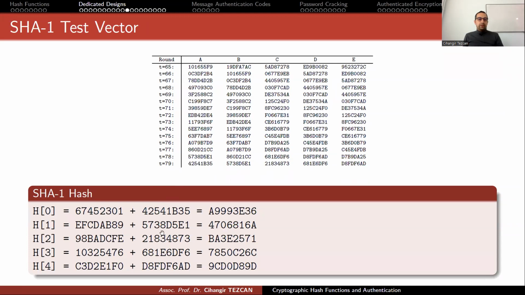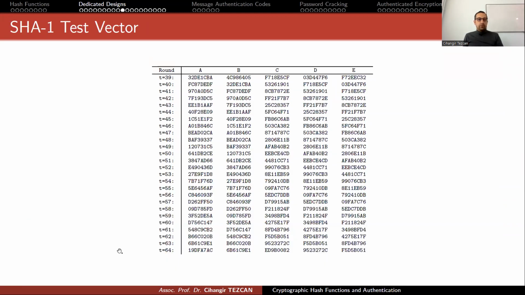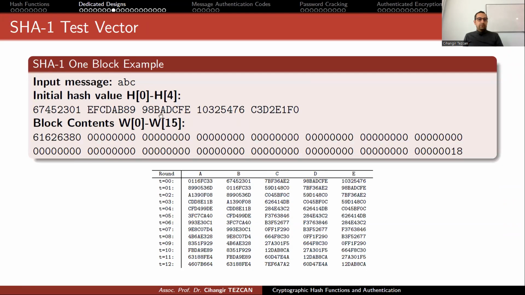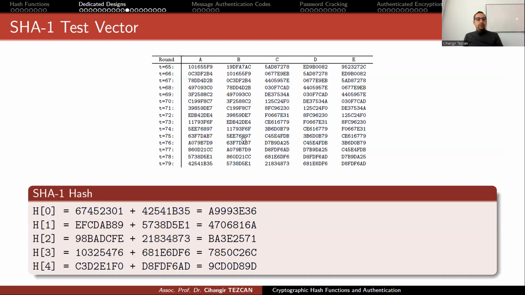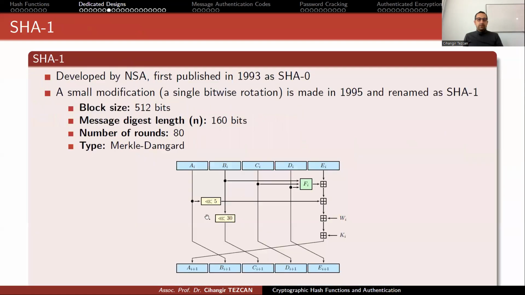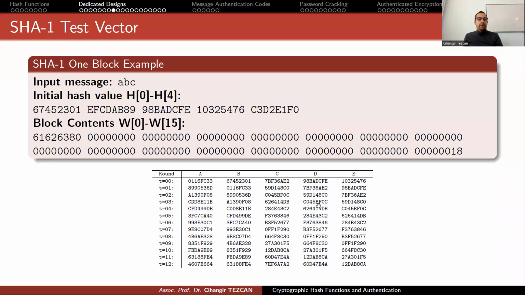You write it here. You write the IV again, the initial values of ABCDE, and then you also add it. This is not XOR. This is modular addition, like this symbol here. It is modular addition modulo 2 to the 32.